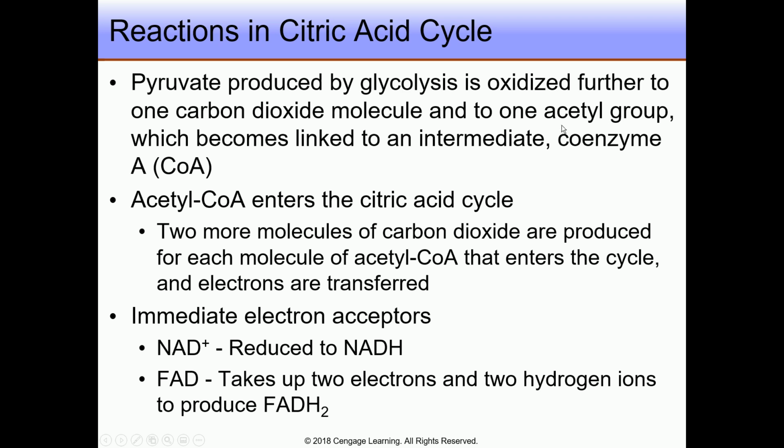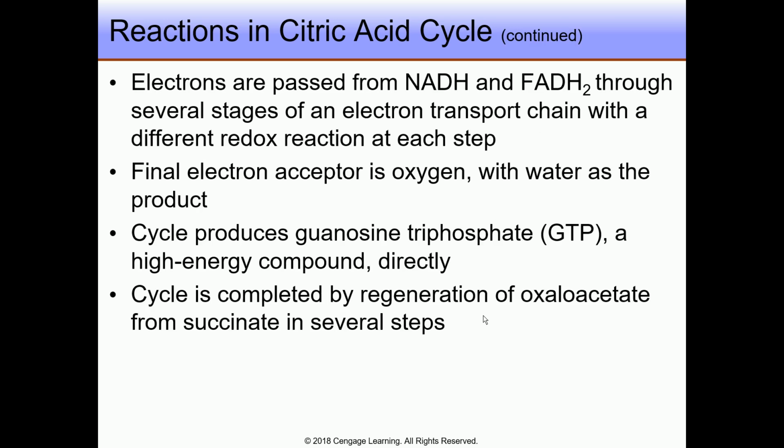So pyruvate gets converted into acetyl group, and acetyl group then combines with the intermediate coenzyme A, and it forms acetyl coenzyme A. We call this a conversion step, where pyruvate is converted into acetyl coenzyme A, and this takes place with the help of the enzyme called pyruvate dehydrogenase. It's a multi-protein complex.